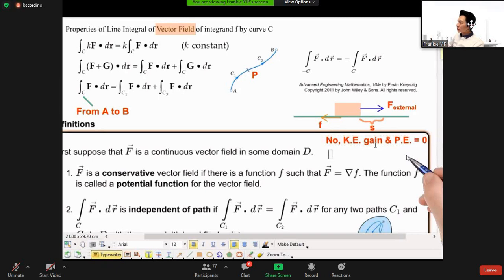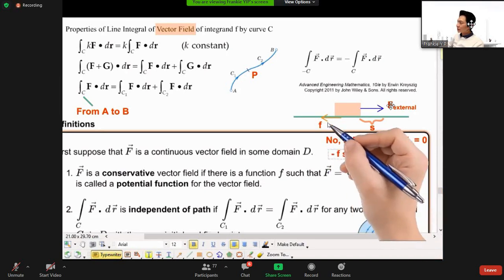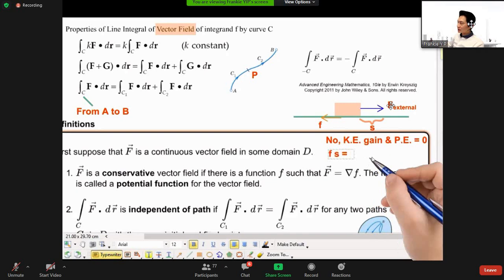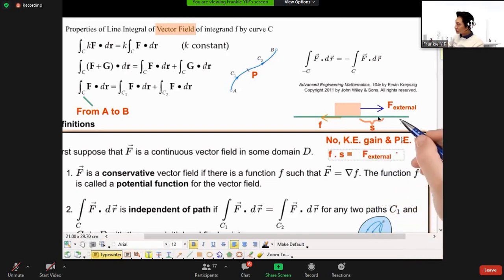Assume no KE gain and PE equals 0. So that means negative work, F times S, should be equal to F external. That means I physically pull it, so it's F external times S.